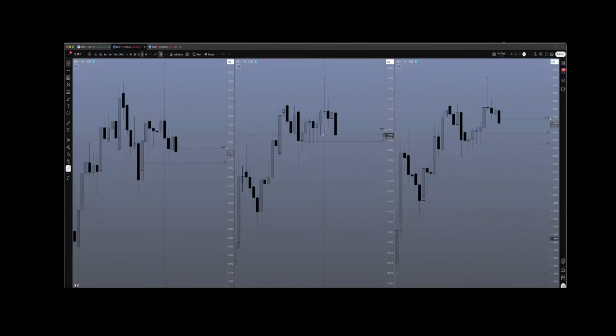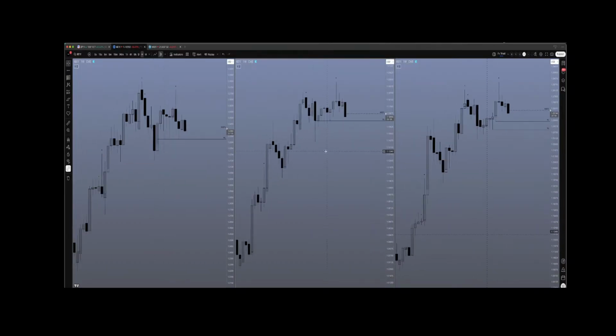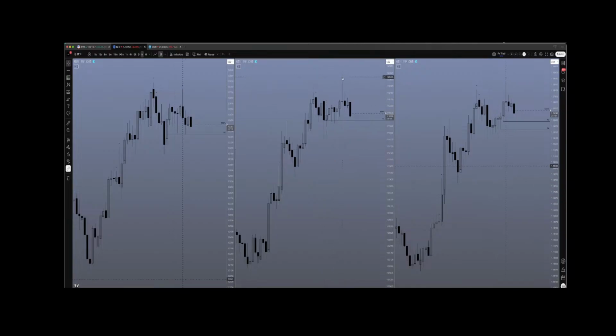I mean, that was my initial first target, would be that weekly CRT. But we've got so much liquidity built up here, and we've got SMTs at the end, SMT at the highs, you can see there.